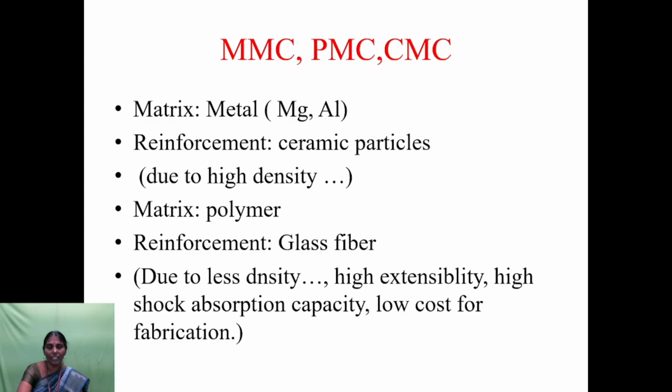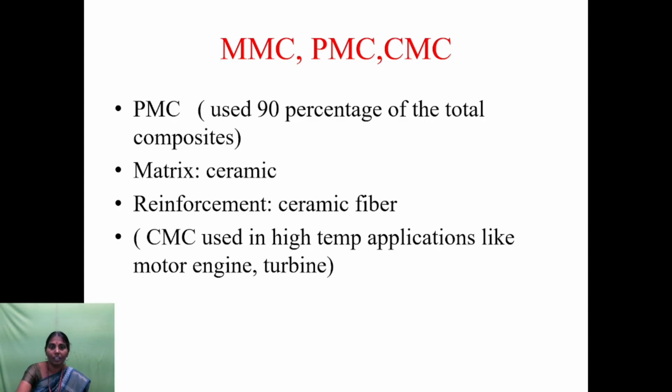Then PMC: matrix polymer, reinforcement glass fiber. Due to less density, high extensibility, high shock absorption capacity and low cost, and because they are easy to fabricate, we use PMC for 90% of total composites. The third one is CMC: matrix ceramic, reinforcement ceramic fiber.